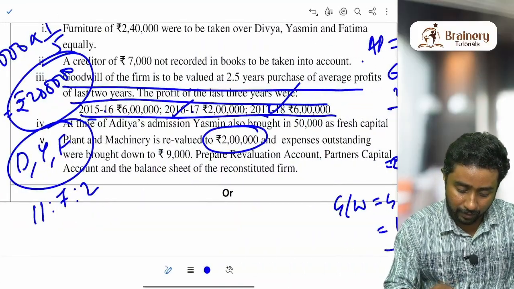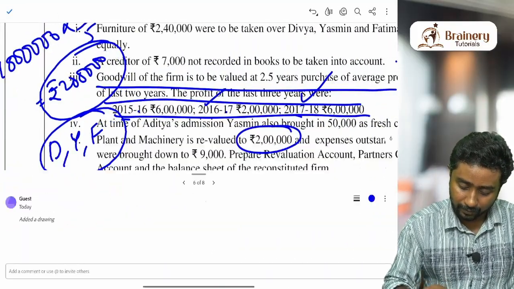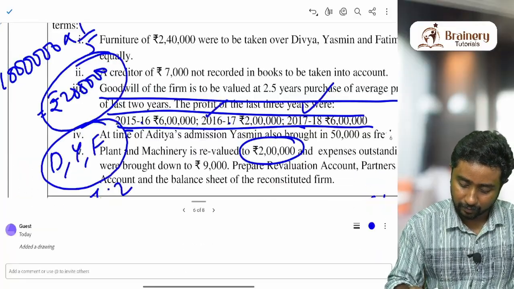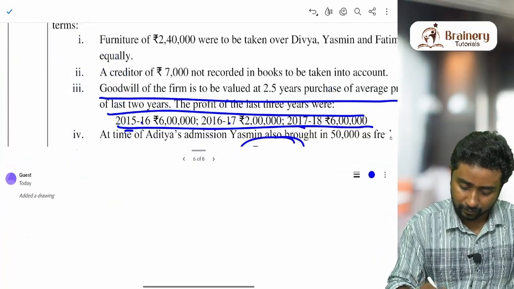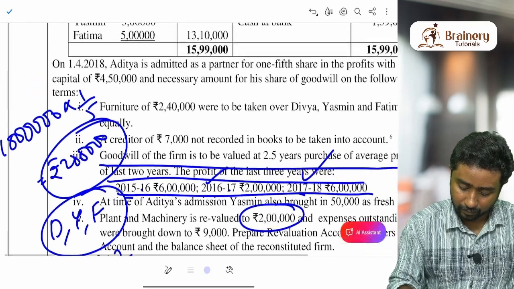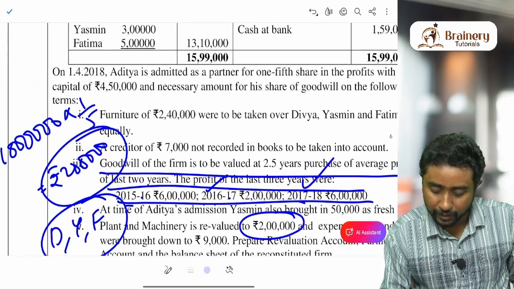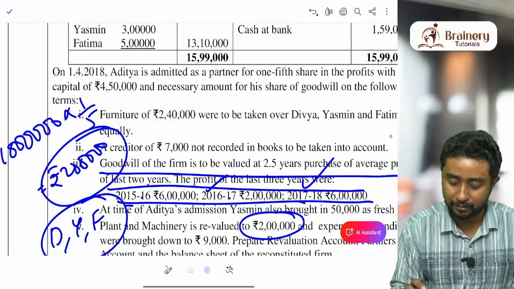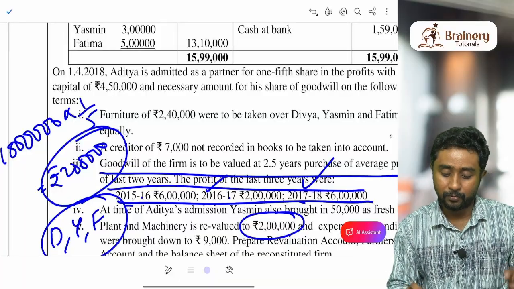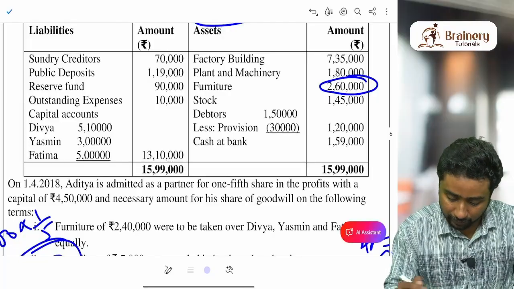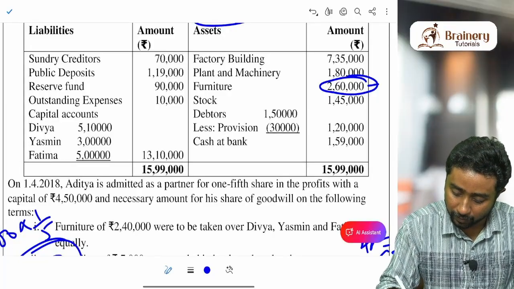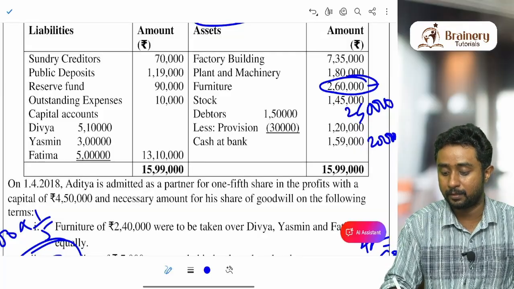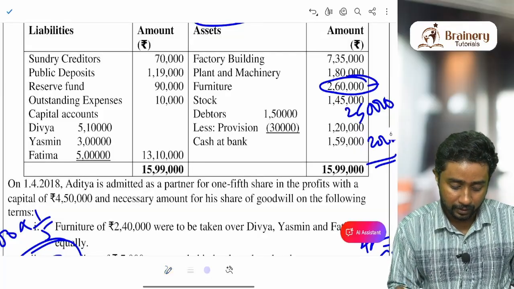Furniture is taken by D, Y and F equally. There was 2,60,000 rupees furniture, out of which they have already taken 2,40,000. So how much is remaining? 20,000 only is remaining. So 20,000 will be mentioned here.